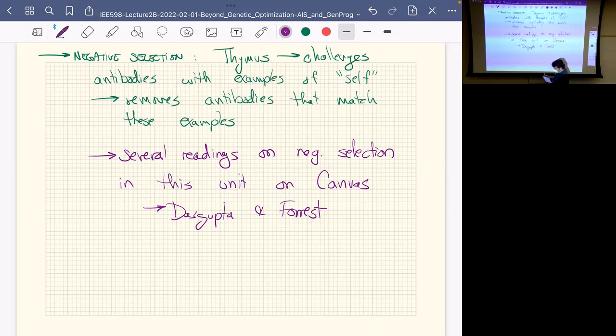As an example, there is an auto-graded concept check on genetic algorithms due Sunday. Then the concept check on this unit asks you to do a reading on one of these Dasgupta papers, where I ask you about this machine shop example.